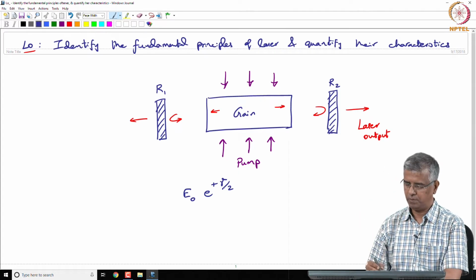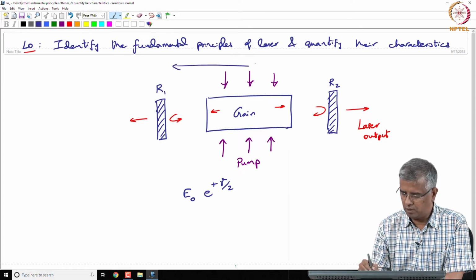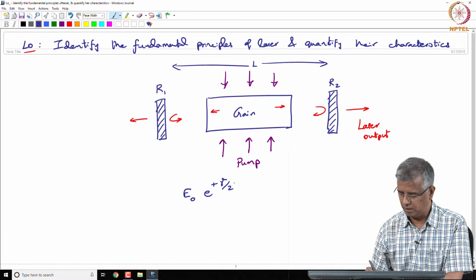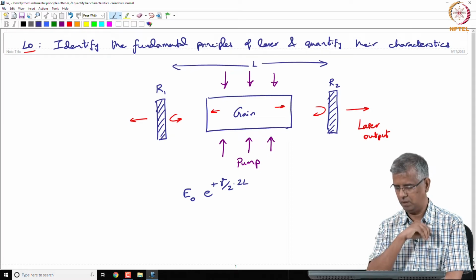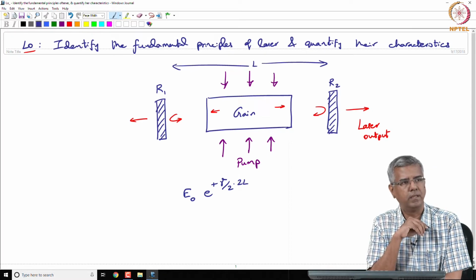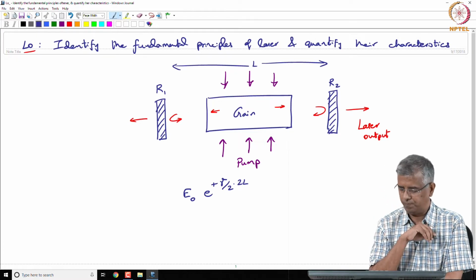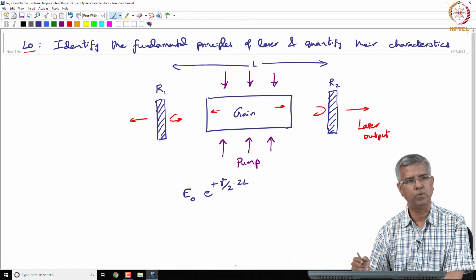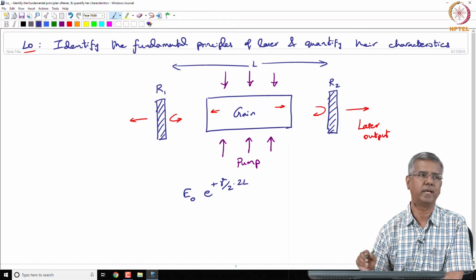Okay. So, if we say that the length of the cavity is L, then within one round trip, right, it's traveling a distance of 2L. I made it look like the cavity length here is equal to the length of the gain medium, right. So, that is typically the case.